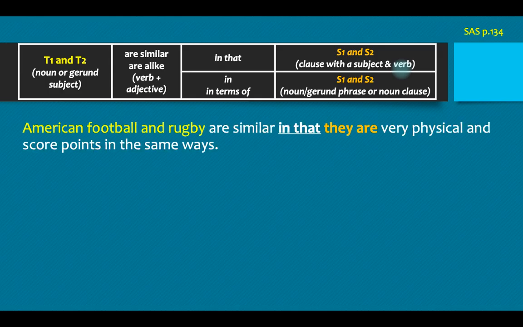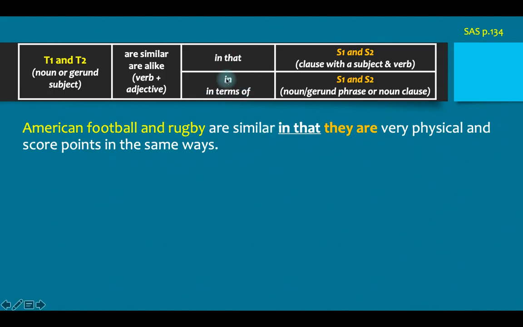American football and rugby are similar in that they are very physical and score points in the same ways. I have a subject and a verb before I put my two subtopics. With this structure in that, you must follow it with a sentence form. For some people, this might be an easier way to do it.